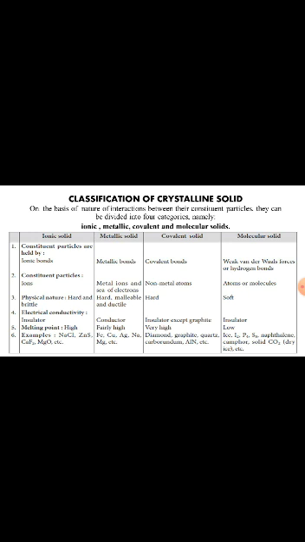When metals are heated, metals lose outermost electrons. The left portion, that is kernels, and electrons, a bond is formed. That bond is known as metallic bond.